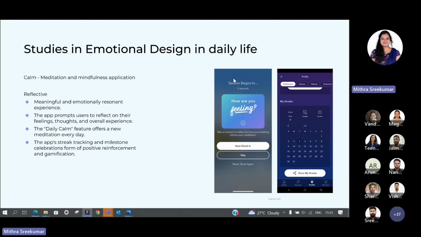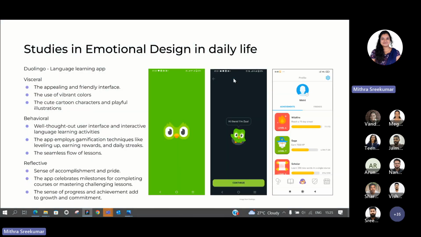And also the streak tracking in this application, for attaining certain goals and all, is marked in the calendar, and we can share it with other people. So it will always give that positive reinforcement in the user's mind, and it will tend him to stay more in this and use the application more often.